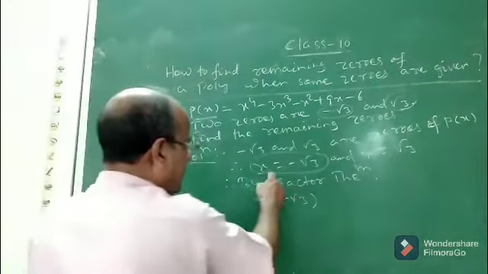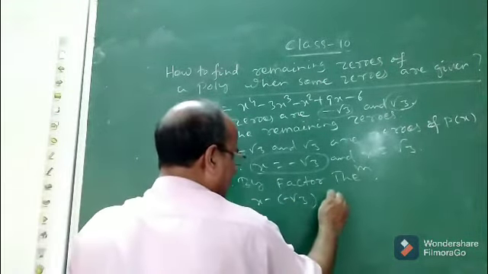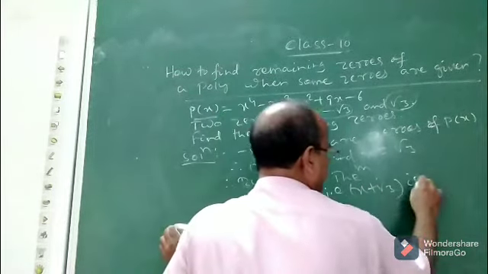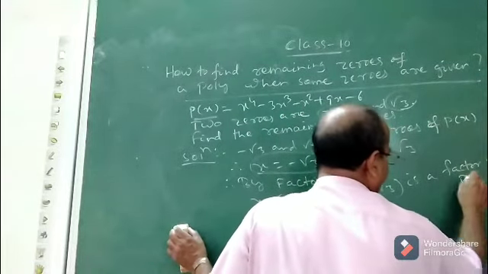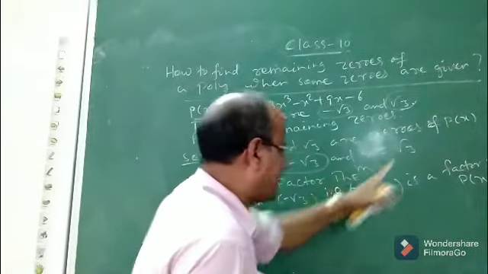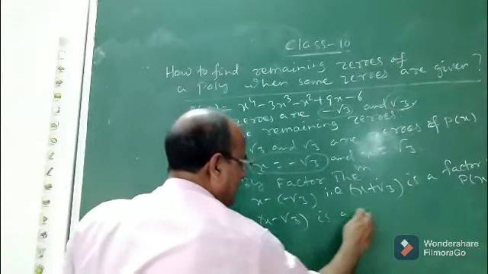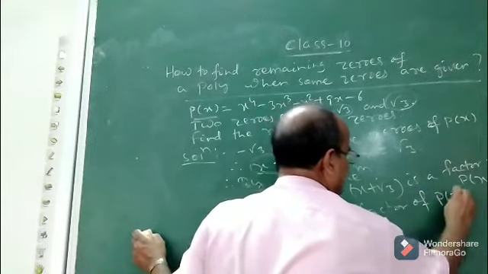So if x equal to minus root 3 is a zero, then x minus (minus root 3), that is x plus root 3, is a factor of p of x. Similarly, x equal to root 3 is a zero, so therefore x minus root 3 is also a factor of p of x.